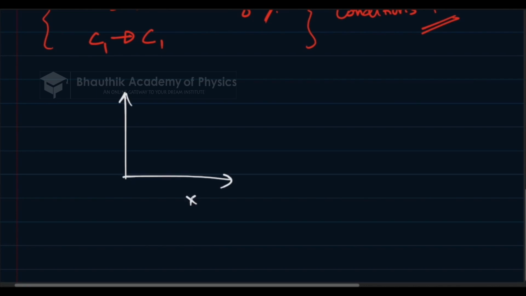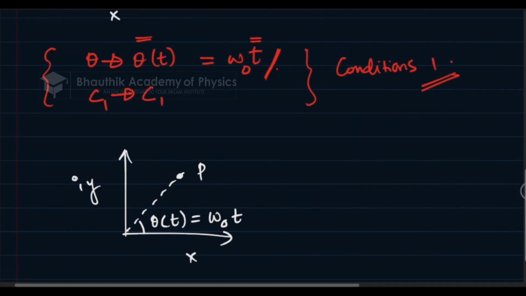So you have the complex plane, real and imaginary axes. You have the point P, and this is my angle theta of t, which is equal to omega 0 t. So I have explicitly defined a function. You might ask me, is there any problem if I define my function theta of t as, let's say, 5t squared, or some 3 root t?